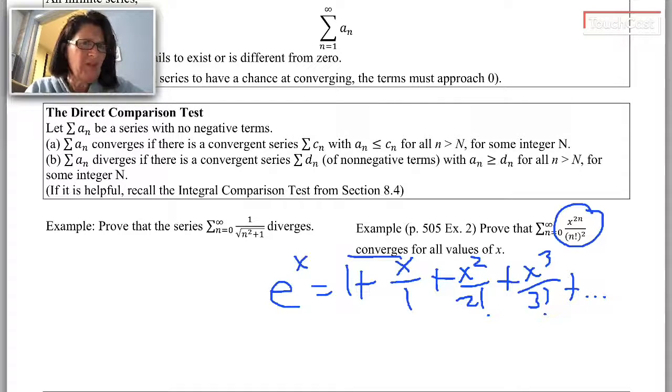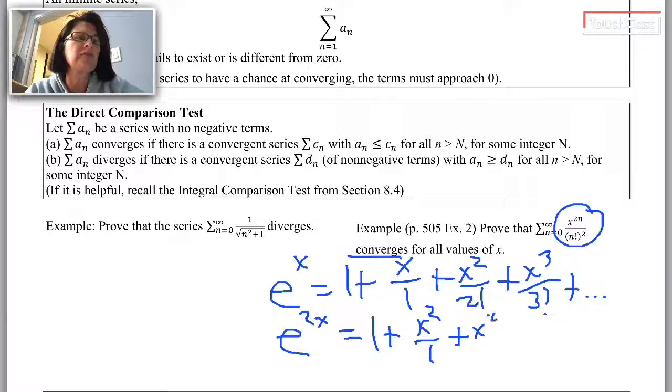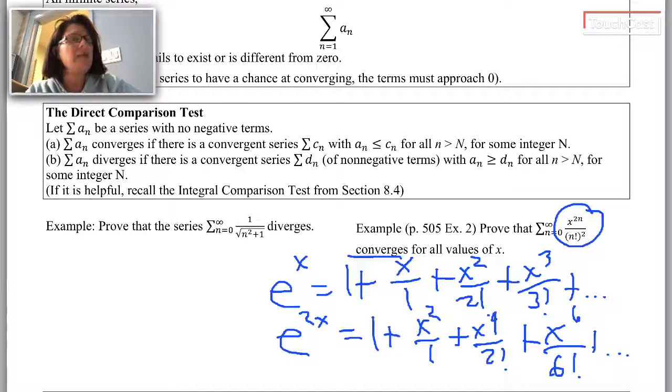So notice what happens if I replace x with 2x in this series. e to the 2x is 1 plus 2x over 1 plus 2x squared over 2 factorial plus dot, dot, dot, that is, x squared over 1, x to the 4th over 2 factorial, x to the 6th over 3 factorial. I know this converges for every value of x, because the e to the x series converges for every value of x, so I can simply make this replacement. That's one of those transformations I can perform.